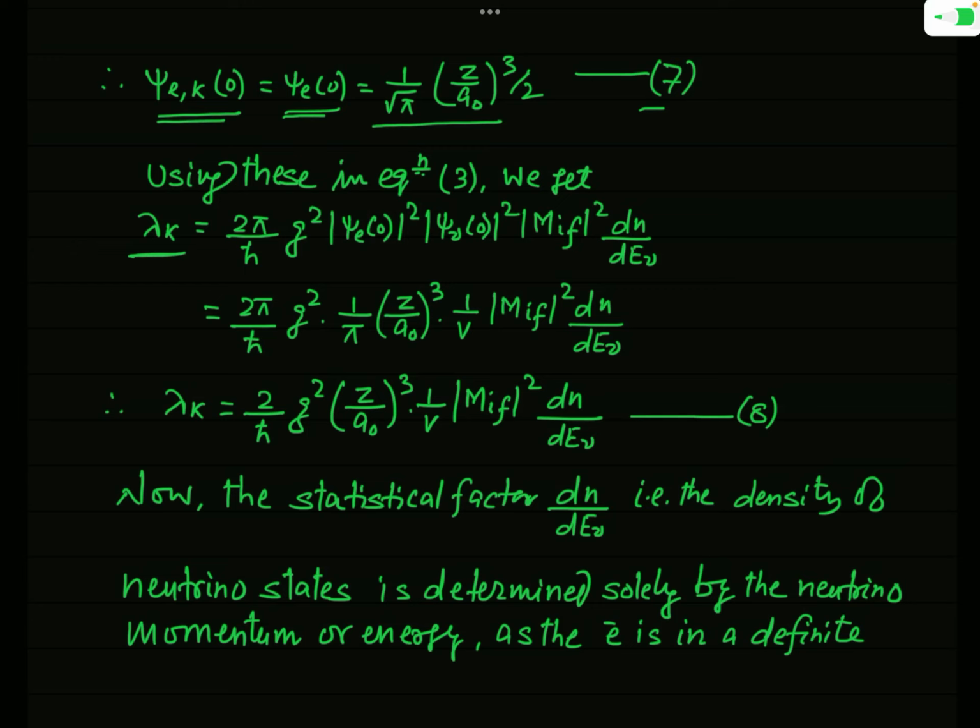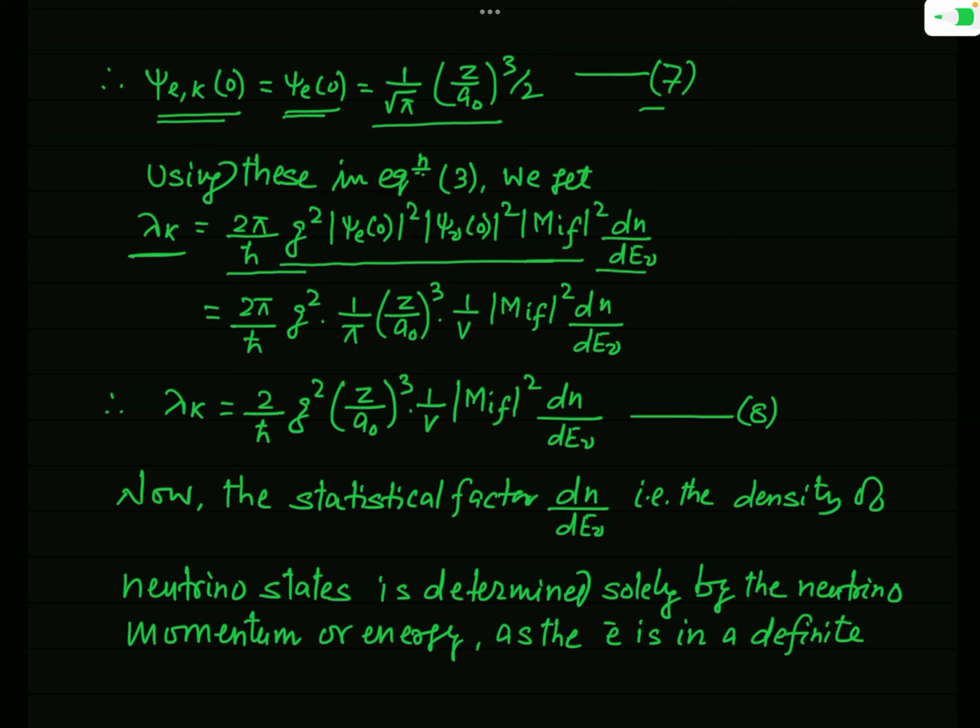When you use the expression for lambda and substitute all the values which we have obtained just now, you can see that this lambda k is simply equal to 2 pi over h bar times g square, and for that integral we have written g square mod of psi e 0 square times mod of psi nu 0 square times mod of mif square times dn by de nu.